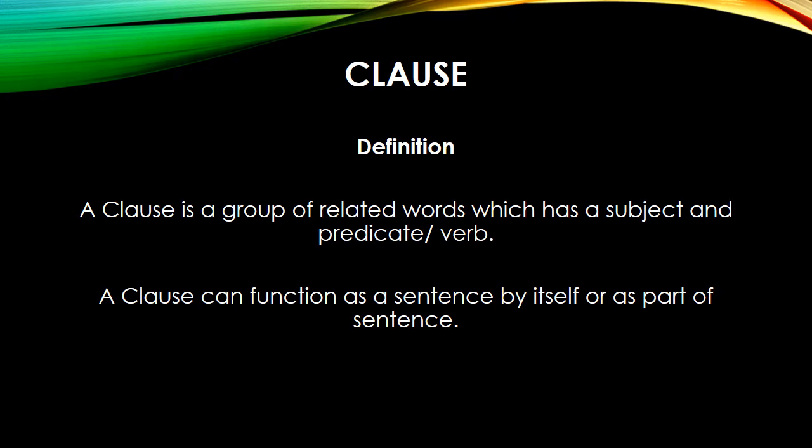And the second part, "she wanted to accompany us," also acts like a part of a sentence. So you see that a clause has a complete meaning on its own, and it can also be used as a sentence.